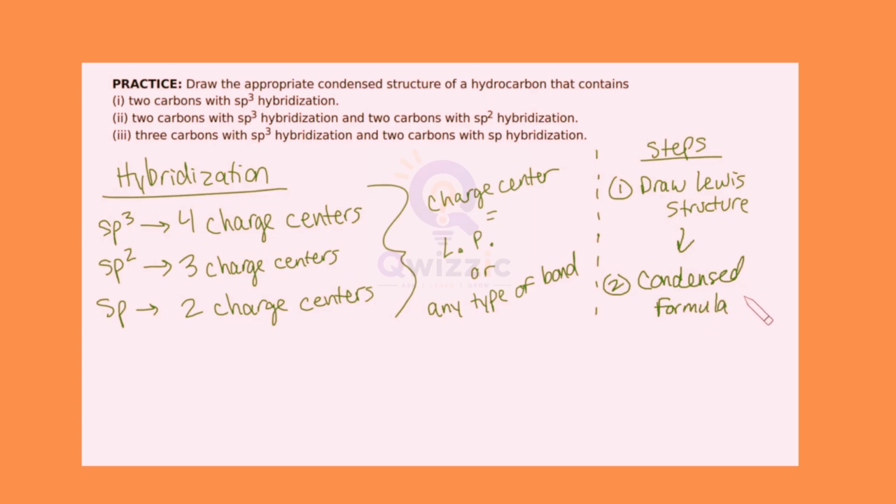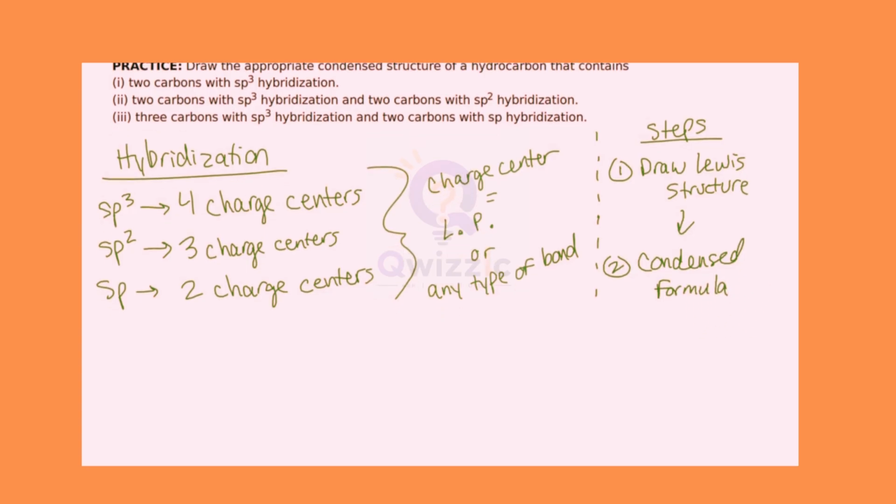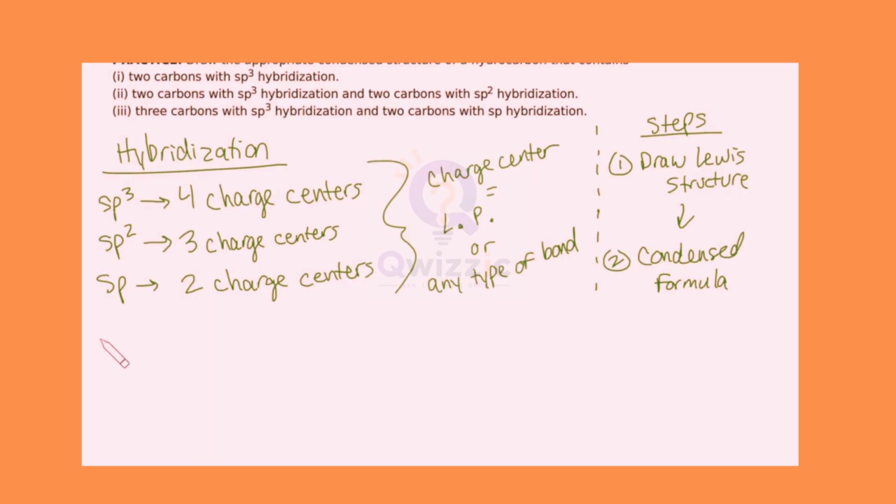Okay, so let's draw our first compound, which is 2 carbons with sp³ hybridization. So sp³ hybridization means that those carbons should have 4 charge centers.